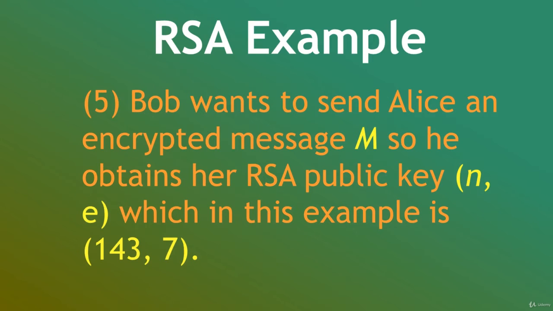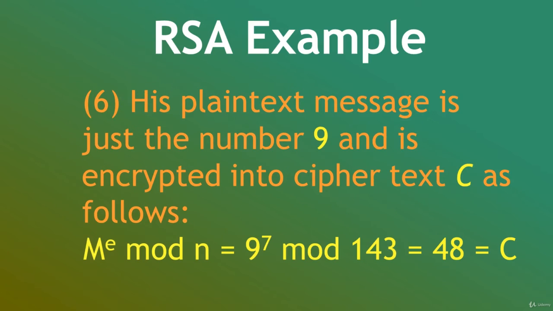Next, Bob wants to send Alice an encrypted message, capital M, so he obtains her RSA public key, n, e, which in this example is 143 and 7. His plaintext message is just the number 9 and is encrypted into ciphertext, capital C, as follows.